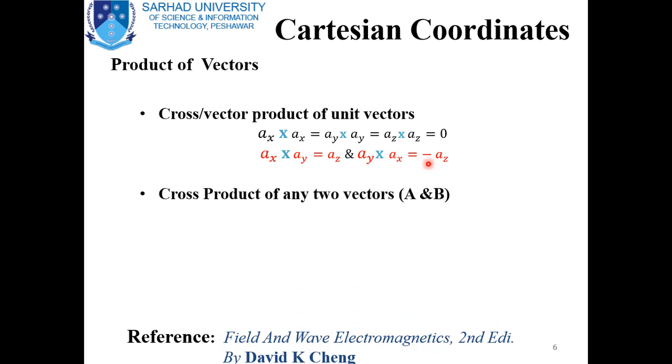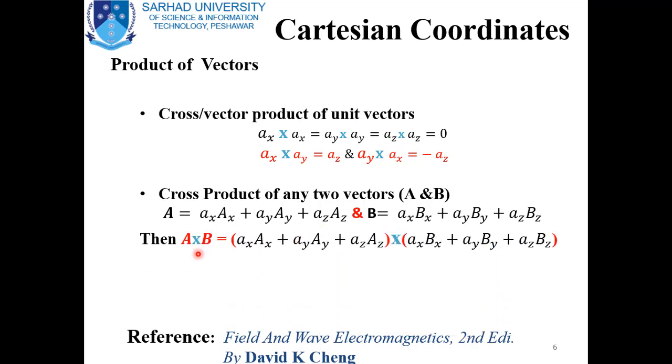And the cross product of any two general vectors a and b: we have two vectors a and b, and each vector has 3 components, and their cross product will be written as a cross b equal to the element of the first vector, then we have a cross in between a and b, so we put cross, and then the element of vector b.